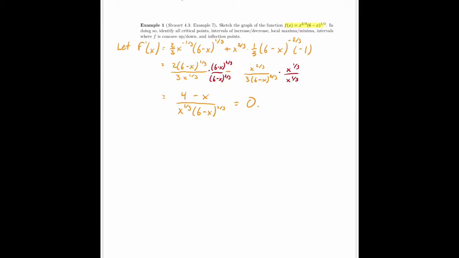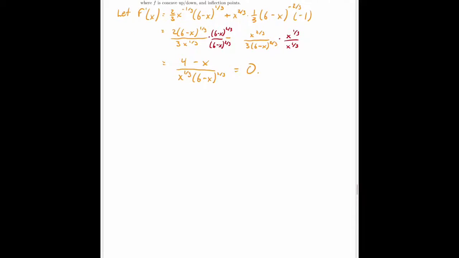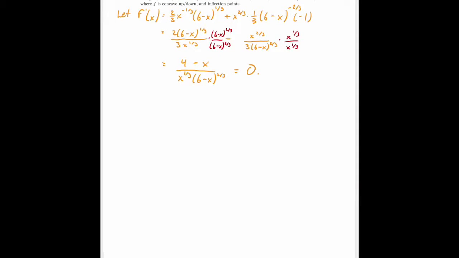Now, there are two important points to make right here. Number one, f prime of x equals 0 at x equals 4, because remember, you can't divide by a number and get 0. However, we also have f prime does not exist at x equals 0 and 6.